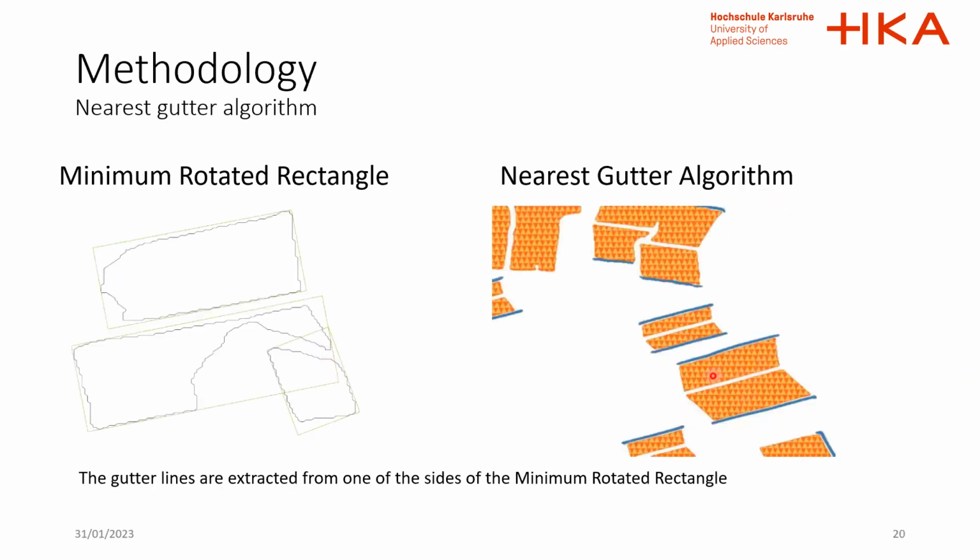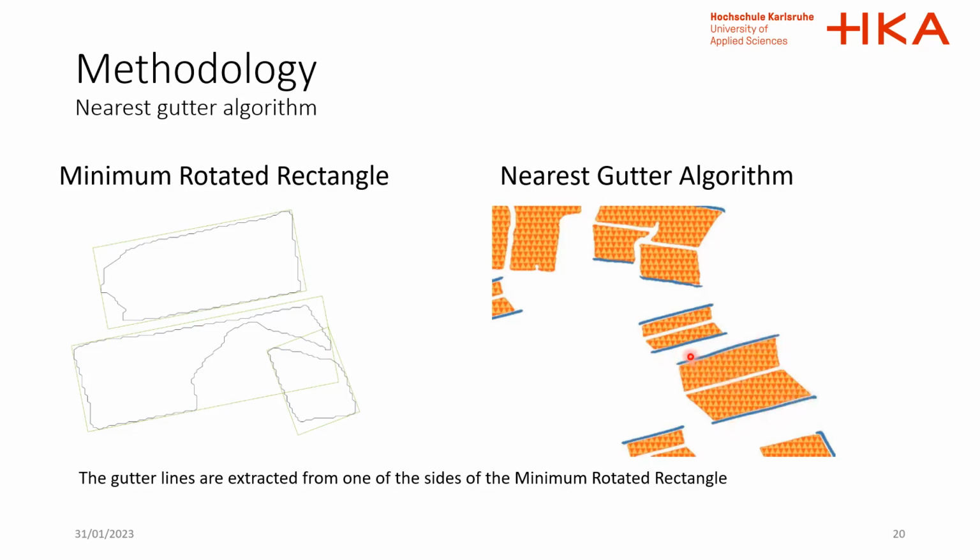So we take that gutter, and we have the roof segment and the gutter. Using the Shapely function, we found out which line is nearest to this polygon. This line will be nearest to this polygon, because we have only two gutters in one house.